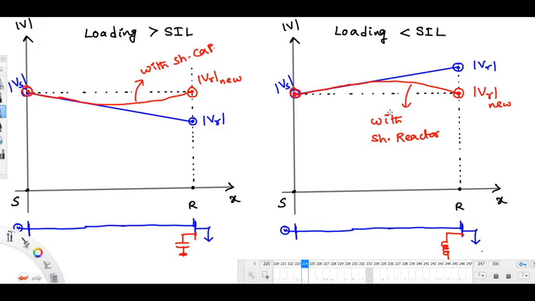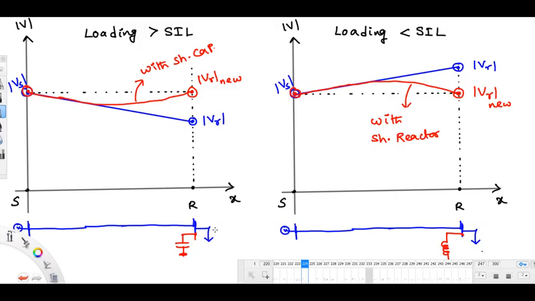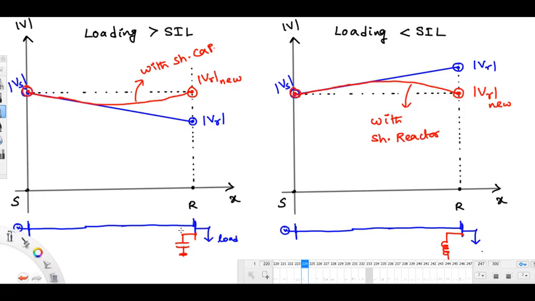Sir, I have one small doubt. Are the receiving end power factor and the load power factor the same or different? Cos phi r is the receiving end power factor. The receiving end power factor of the line is the combination of load and capacitor.